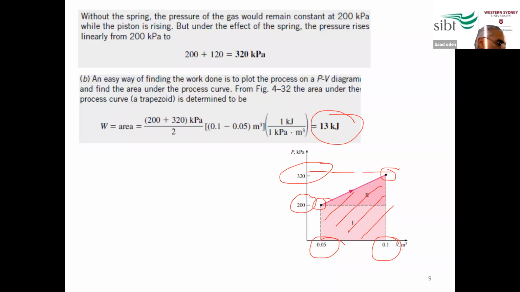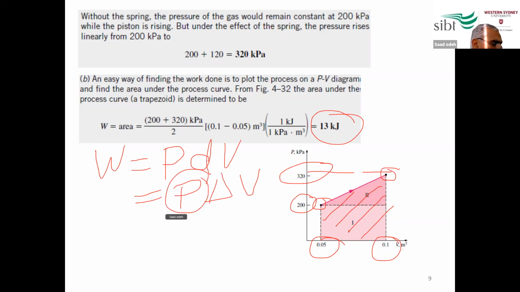So we can say W is simply P dV, or P delta V, correct? And P, we take it as P average.